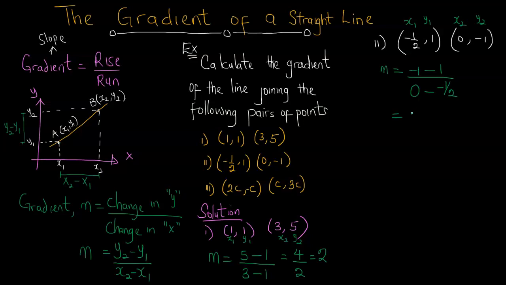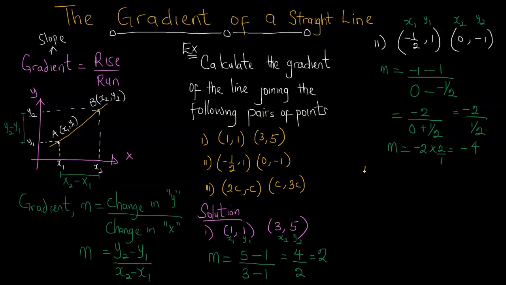So negative 1 minus 1 is negative 2, divided by 0 minus negative 1 half. Negative negative is positive, so this is equal to negative 2 over 0 plus 1 half, which is 1 half. So the gradient here, negative 2 divided by 1 half, is negative 2 times 2 over 1. We flip. So this is negative 4.